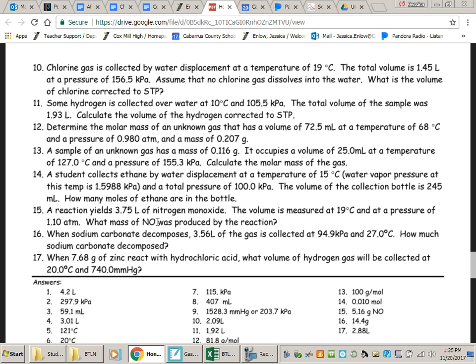Watch sig figs, but other than that, you're good. No, I'm just gonna write. Wait, so you can't use... Okay. I'm looking at what laws. Yeah.